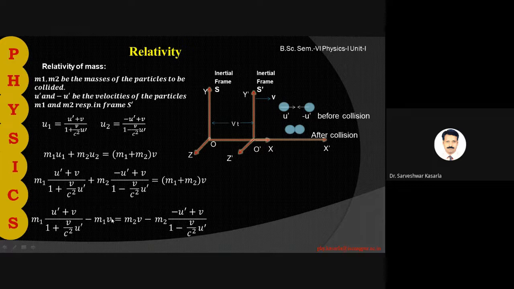So we have taken m1 terms on the left hand side and the terms containing m2 on the right hand side. If you solve this, you will get the expression like this, by taking m1 common on the left hand side and m2 on the right hand side. We'll continue with this expression.